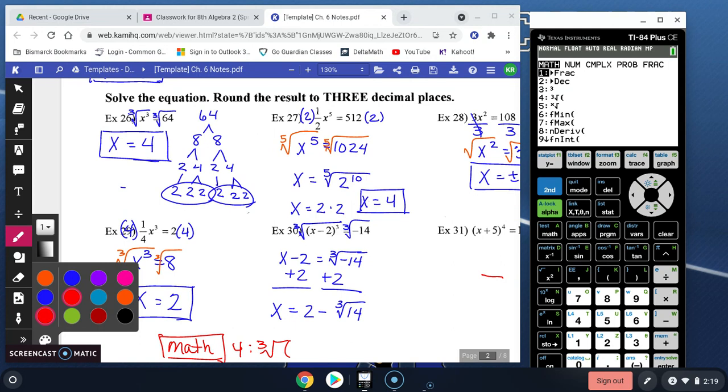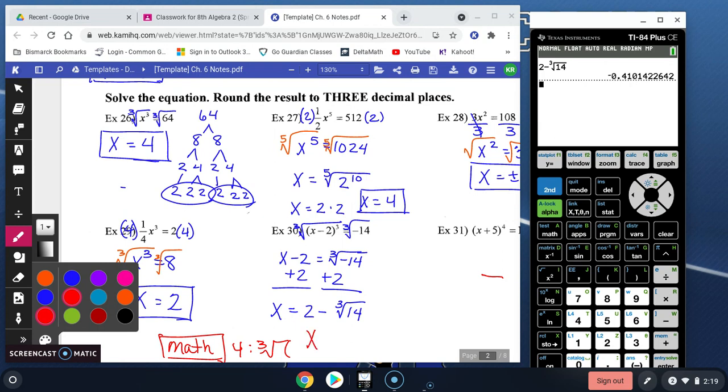So if I want to do this one, I can go 2 minus, now I'm going to use my math button, get the cube root, and I can say 14, enter.